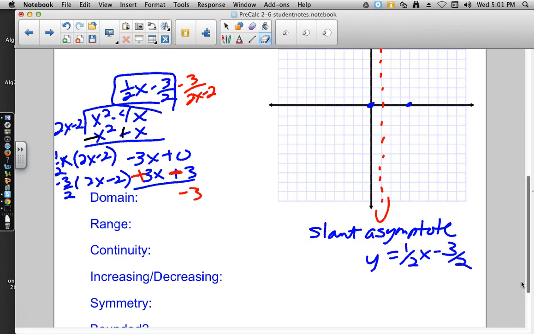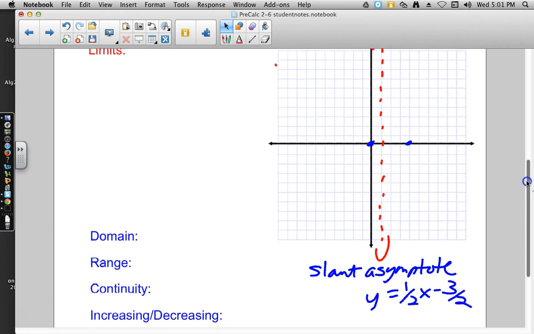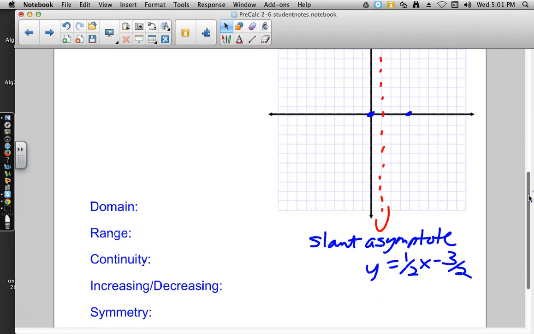And I'm going to erase this because I need the space. Got a lot to take care of here. So I'm going to go back and put that slant asymptote on there using y equals mx plus b. So we're going to need to start on the y-axis at negative 1.5. And then from there we need to go up 1 and over 2.